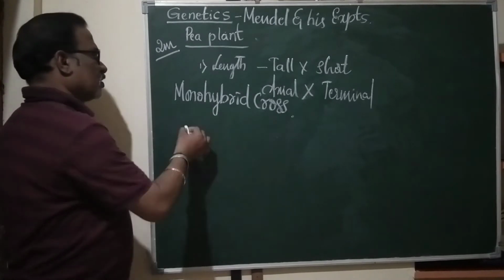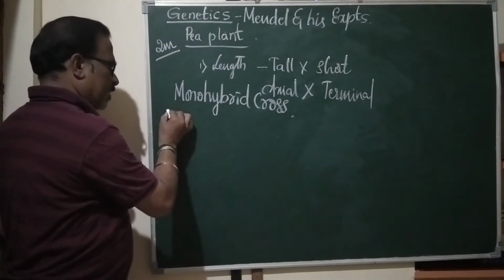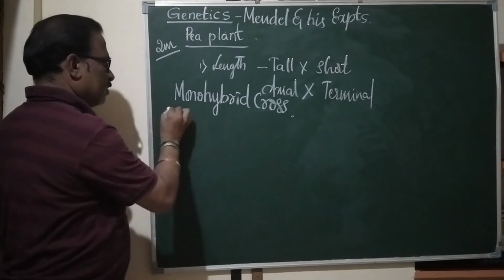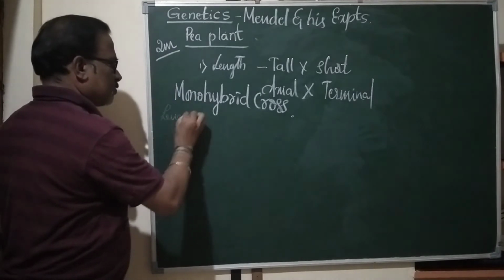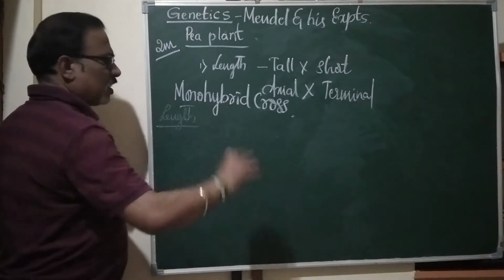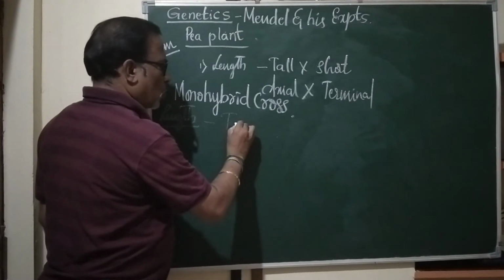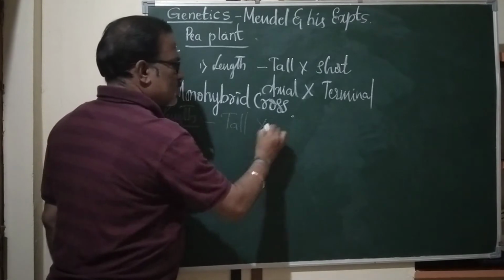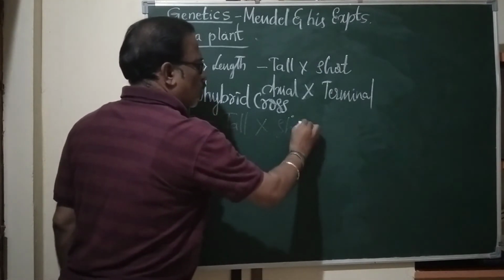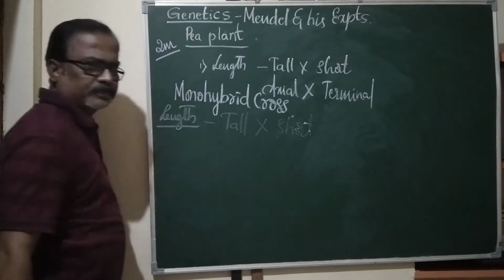So let us consider the character from plants, that is in pea plant. The character Mendel first considered is length, in which dominant is tall, recessive is short or dwarf.